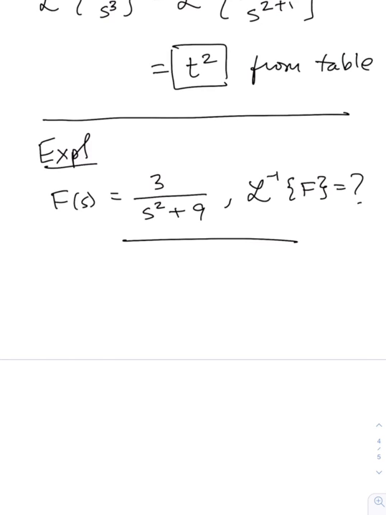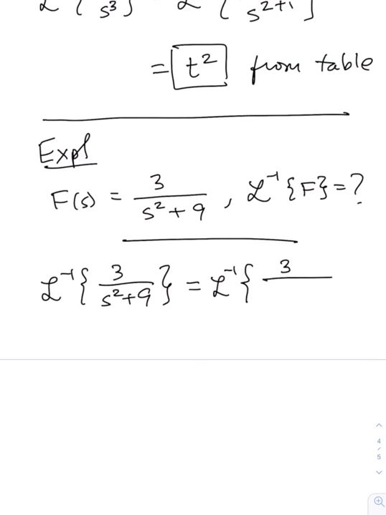Okay, well, what do we have here? L inverse of 3 over s squared plus 9. If we want to make it look like something from the table, then we're going to want to write that 9 as 3 squared. So it's 3 over s squared plus 3 squared.